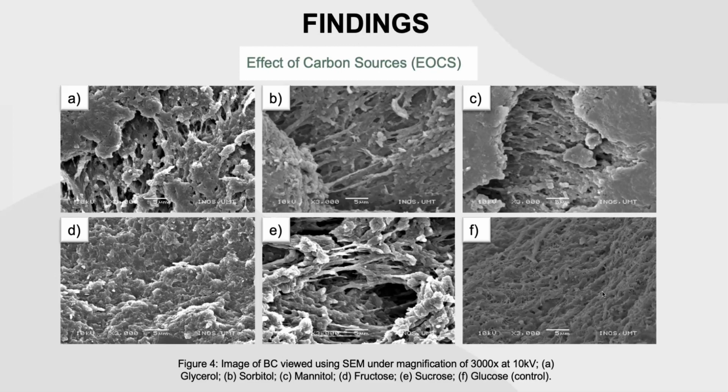A was fermented in glycerol media, B in sorbitol media, C mannitol, another alcohol sugar, D fructose, another monosaccharide, E a disaccharide, and F was in glucose media. If we compare the structures, we can see that different types of carbon sources or sugars affect the bacterial cellulose appearance under the scanning electron microscope.